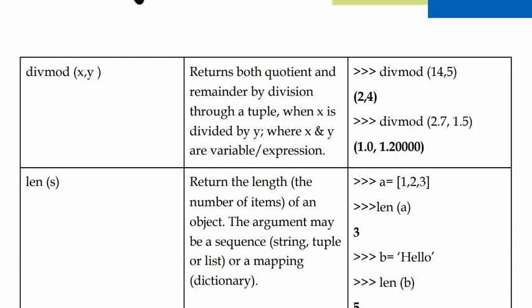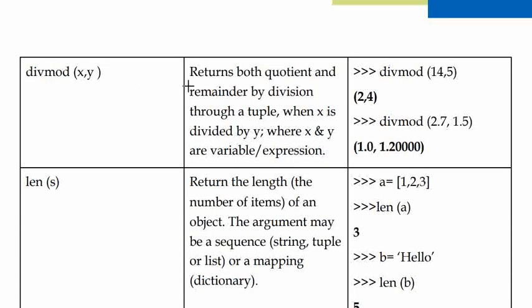Next is divmod. divmod(x, y) returns both quotient and remainder of the division through a tuple when x is divided by y, where x and y are variables or expressions.